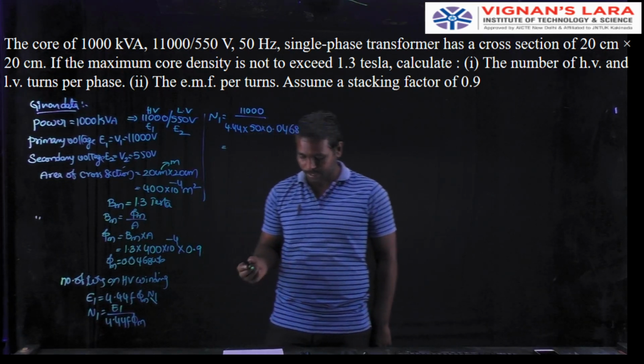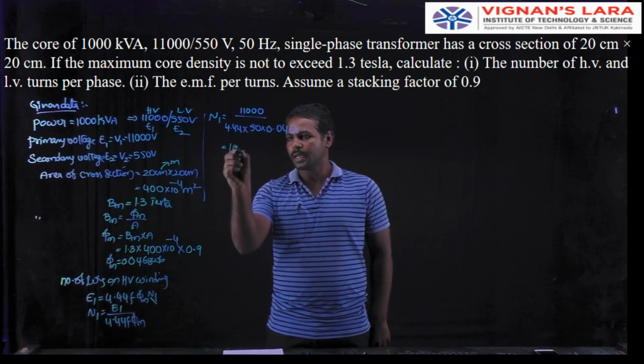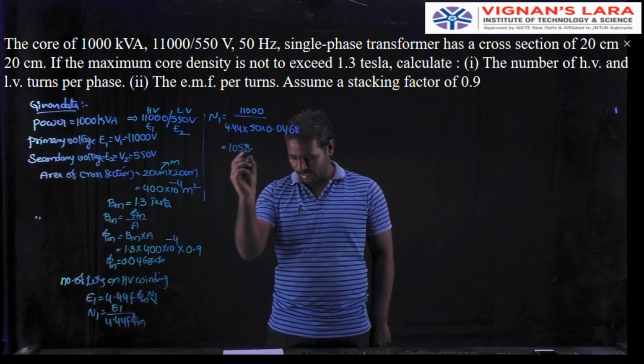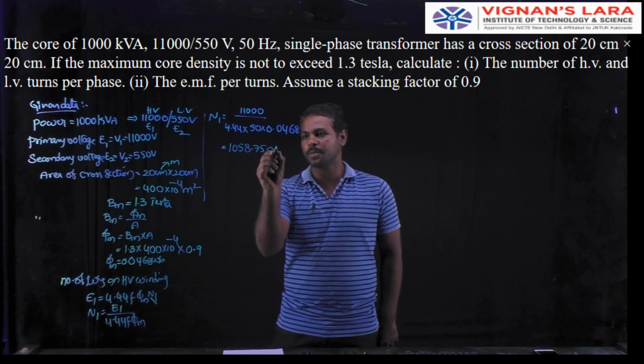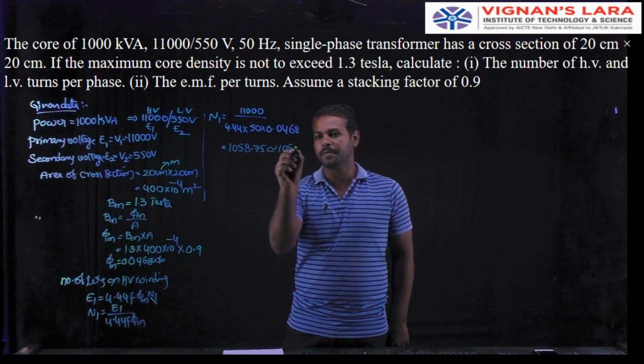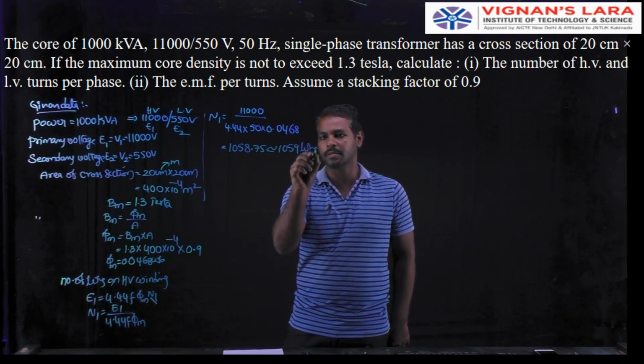Substituting all the parameters, we get 1058.75, which is approximately 1059 turns.